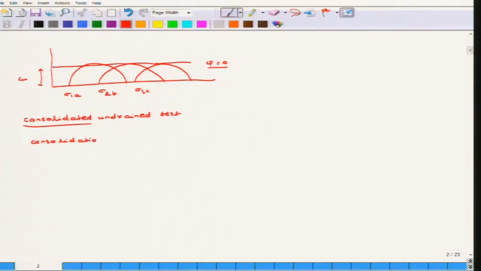So let us consider that the consolidation pressure is sigma naught. Now this is same during the entire process of consolidation. This is also termed as the confining pressure, or given by the term sigma 3, specifically in case of a triaxial test. Now at the end of the consolidation, U is equivalent to 0, or the excess pore water pressure has been dissipated, since drainage occurs.